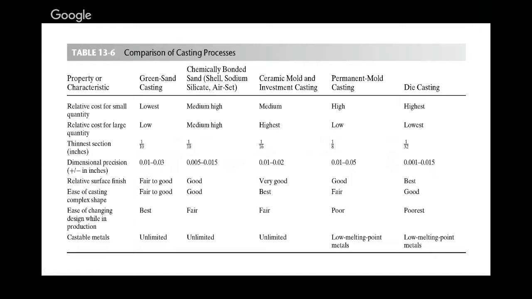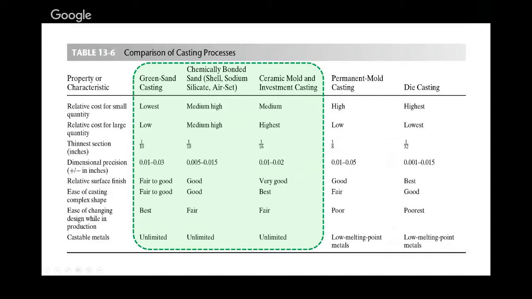Other things that we can use to decide between the different methods are charts that look like this, right? Take a look at this table. This is table 13.6 here in your textbook. So there's the sand casting, there's the shell casting, investment casting, permanent mold casting, and die casting is kind of what we're going to talk about today.